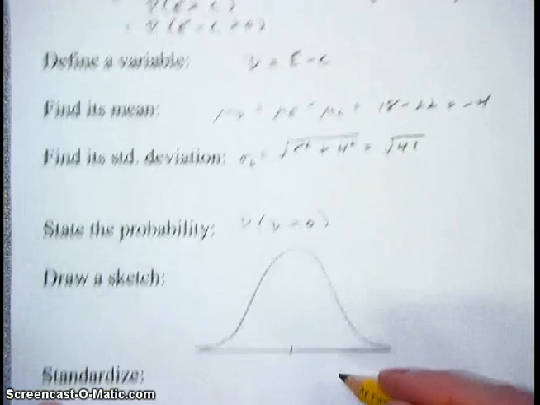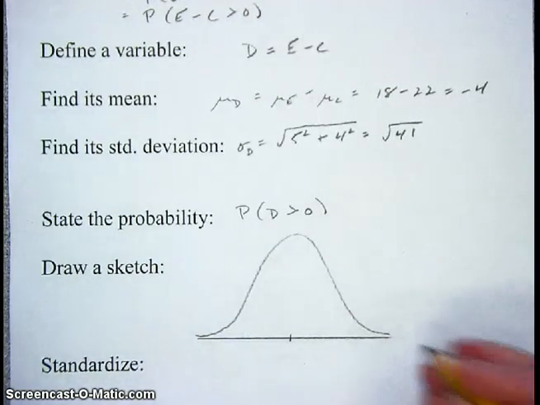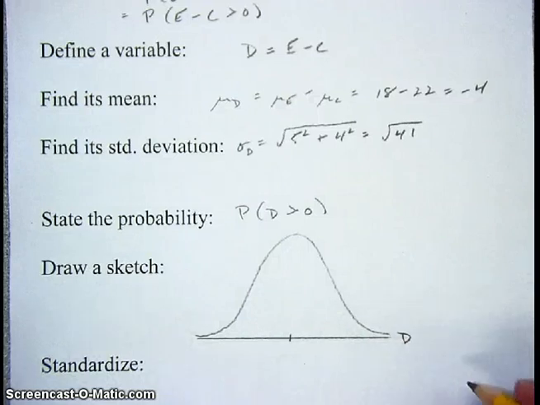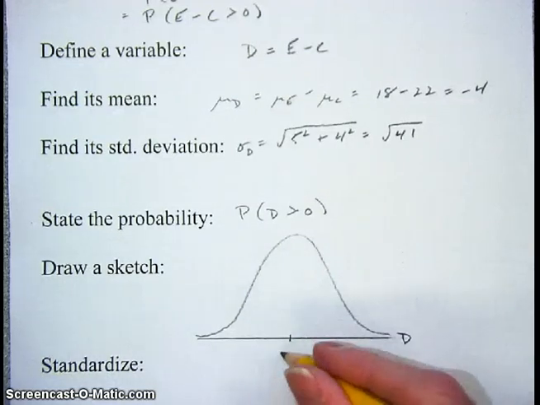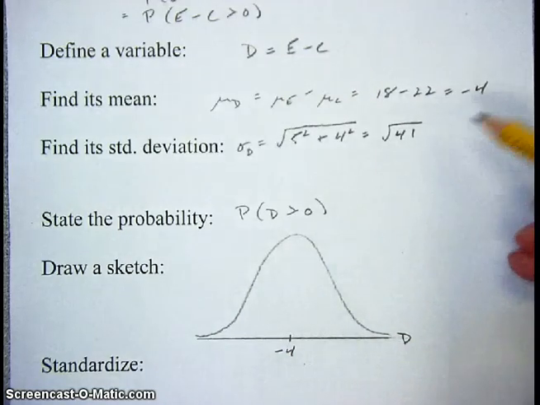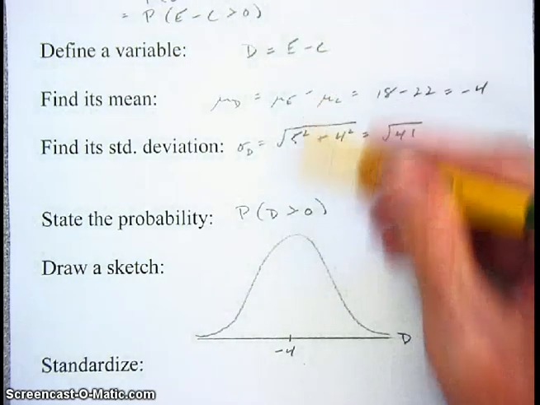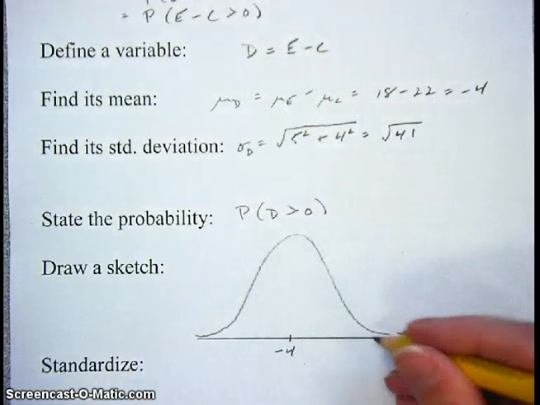Here's a beginning of a sketch. I have my normal curve and I have my axis. My axis needs a label, so I'll put D on there. My axis needs a mean marked. Well, the mean is negative 4. And I need to put a boundary value in. Well, let's see. We're looking for the probability that D is greater than 0, and 0 is to the right of negative 4.